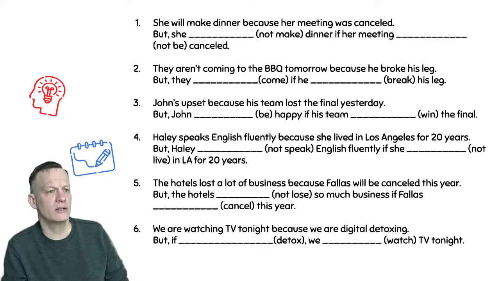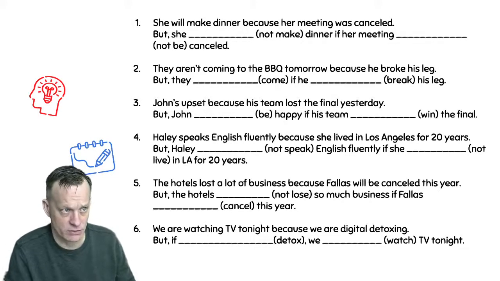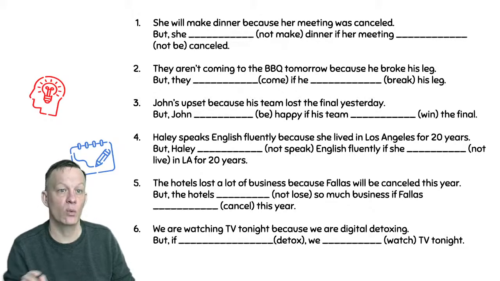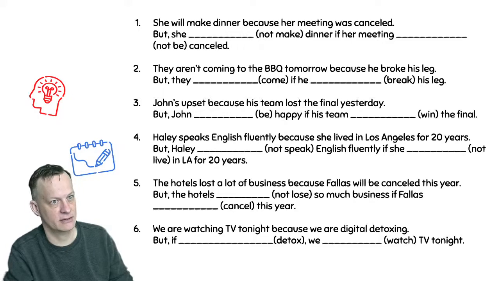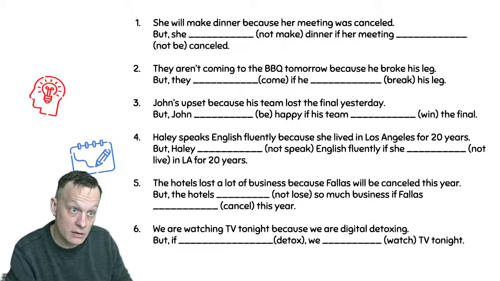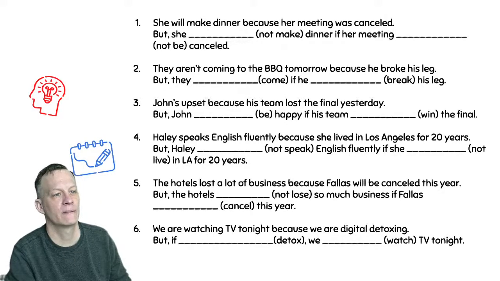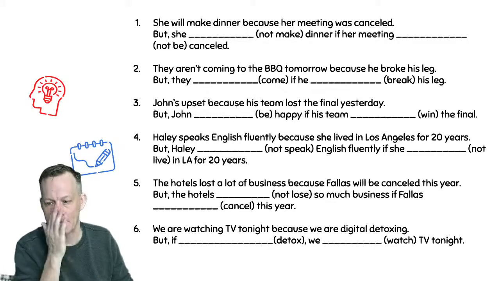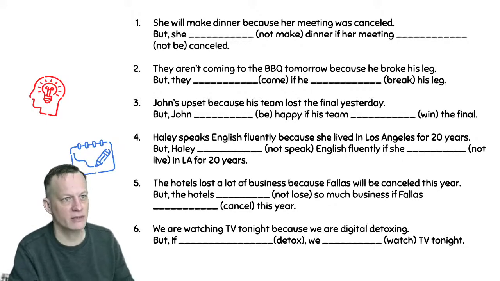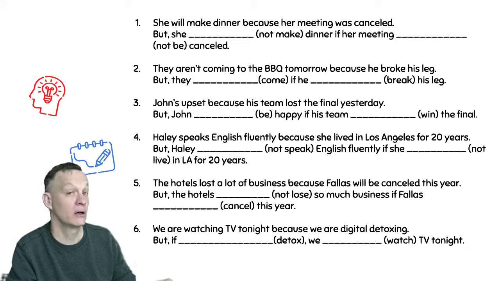She will make dinner because her meeting was canceled. So she will make dinner in the future because her meeting was canceled in the past. Start right off the bat, right? Future with the past. She will make dinner because her meeting was canceled.